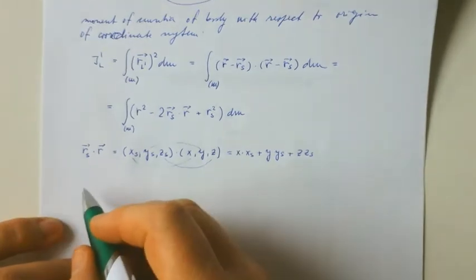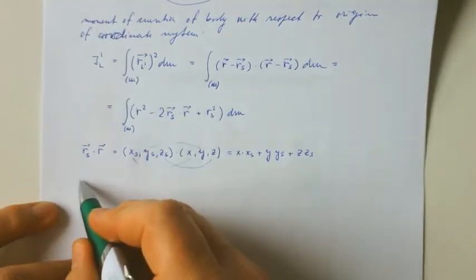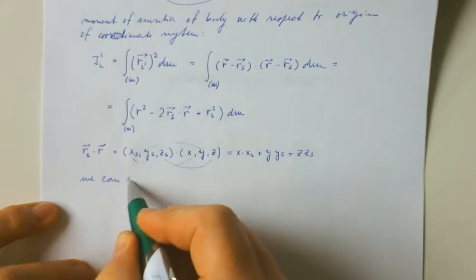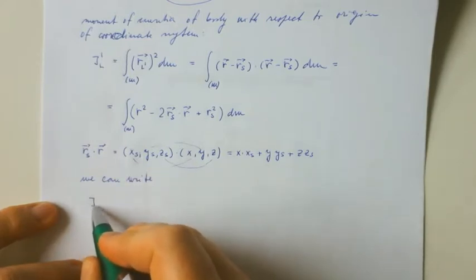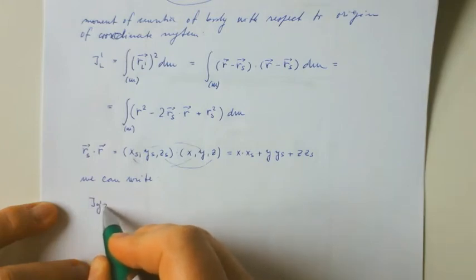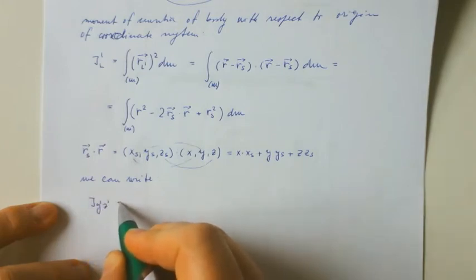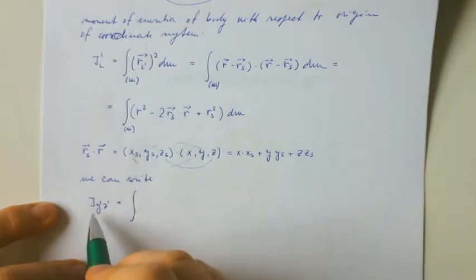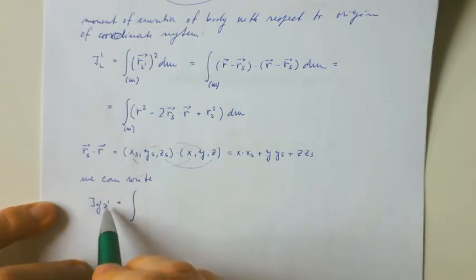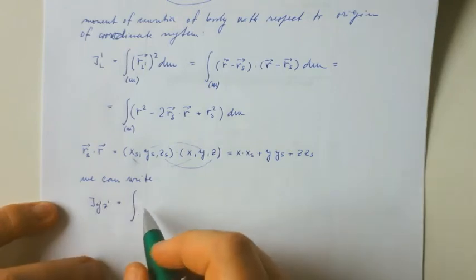In component form, we can write, for example, that J y z prime is the moment of inertia with respect to plane yz with prime in the new coordinate system.